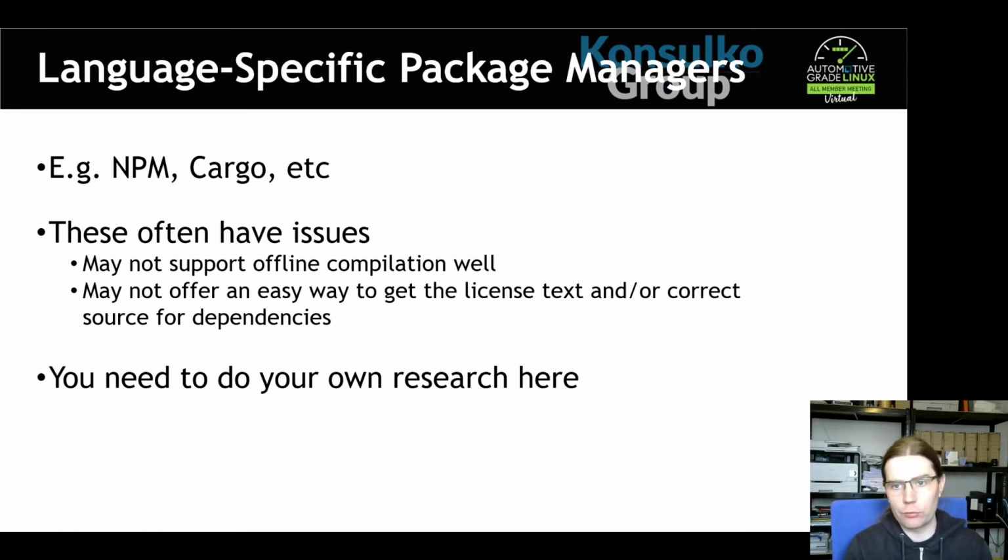They also might not offer an easy way to get the license text or correct sources for all the dependencies and libraries used by a particular project. So I recommend doing your own research here. I found that Cargo, the package manager for Rust, is fairly good. I've also found that npm is fairly difficult, so they can be a bit hit and miss. I highly recommend doing some research if any part of your project is dependent on one of those package managers.